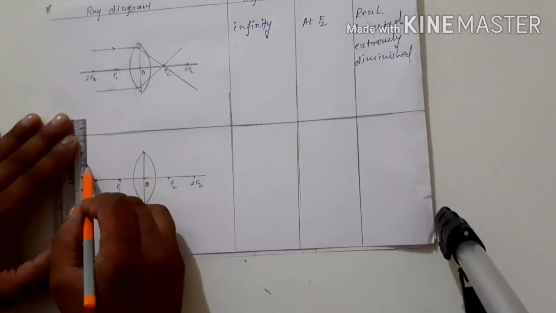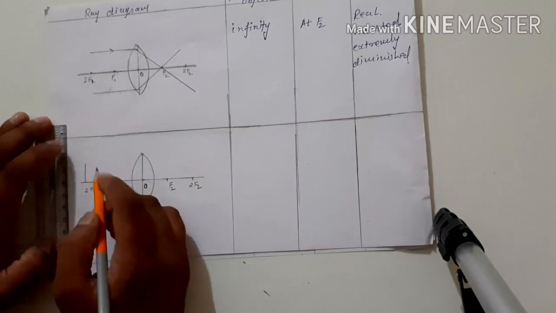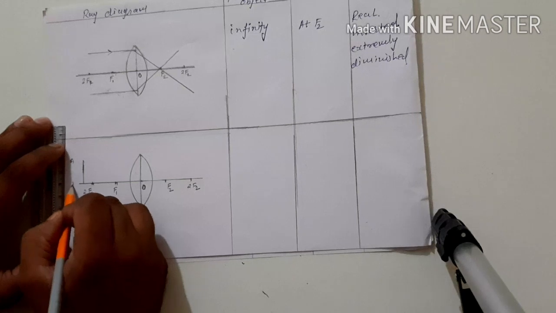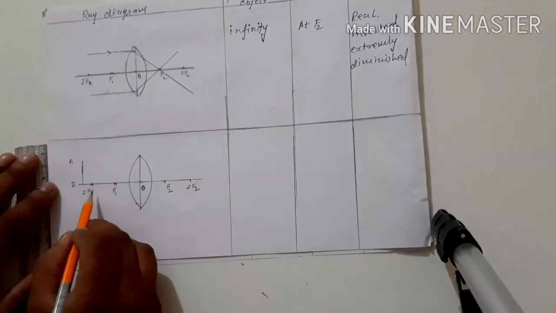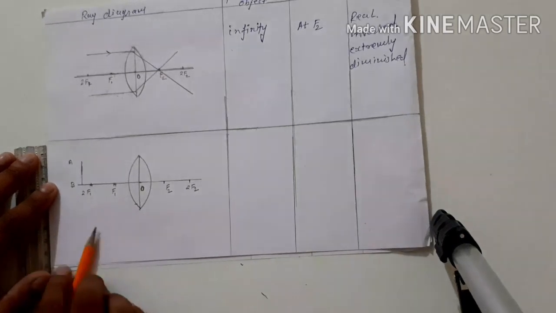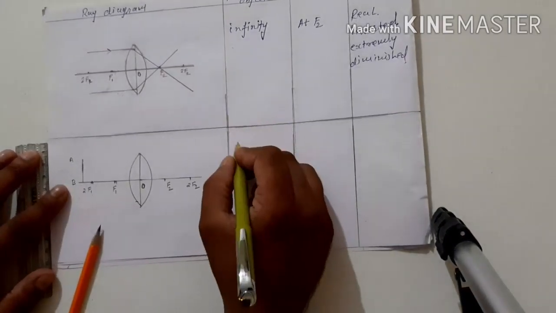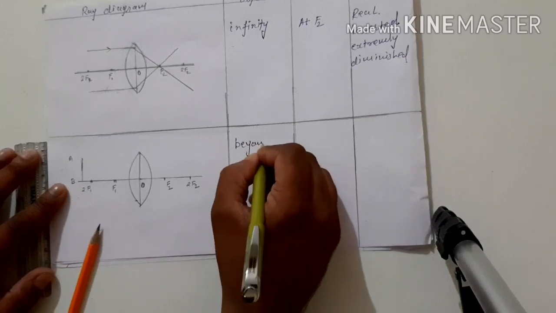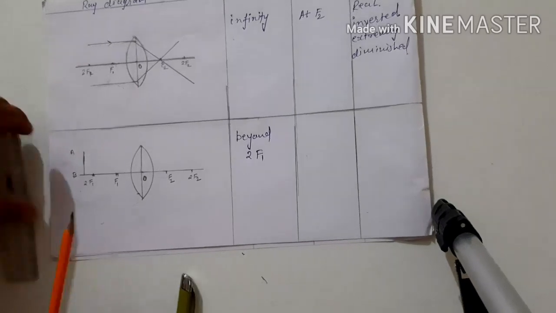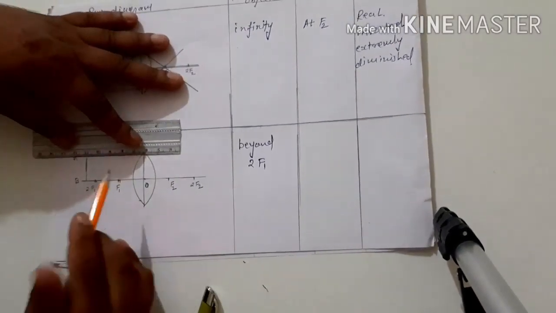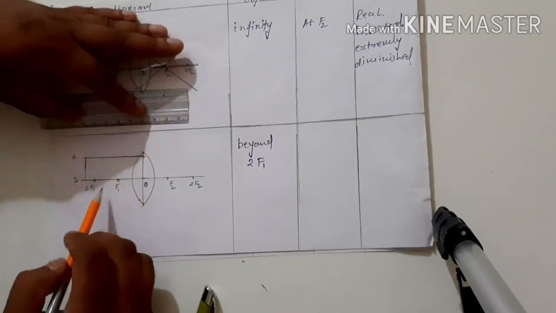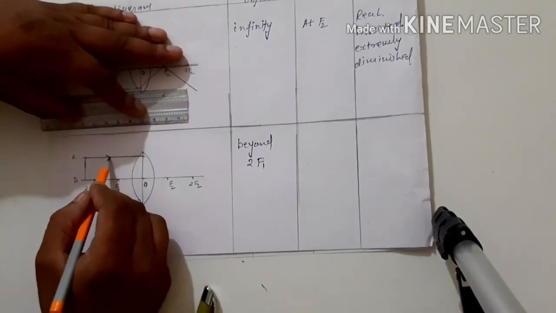Here, the object is placed beyond 2F1. We are drawing the object, suppose it is AB, beyond 2F1. So the position of the object is beyond 2F1. Let's see the first ray, which is parallel to the principal axis.